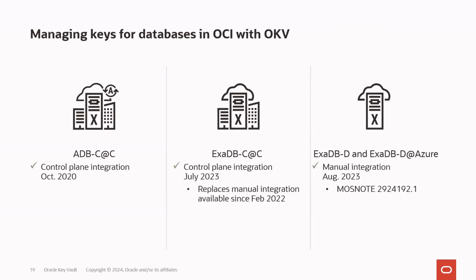The control plane integration phase 1 was completed in July 23. Phase 2 will come sometime in the middle of 24. Phase 2 will allow automatic OKV client upgrades and Data Guard setups. So this will come in the next phase.